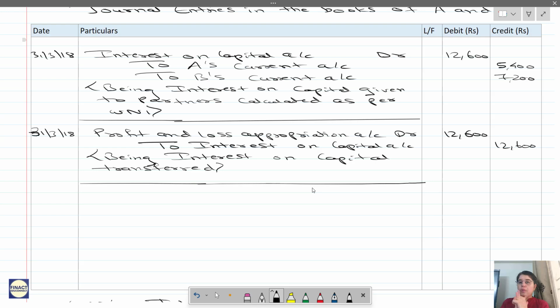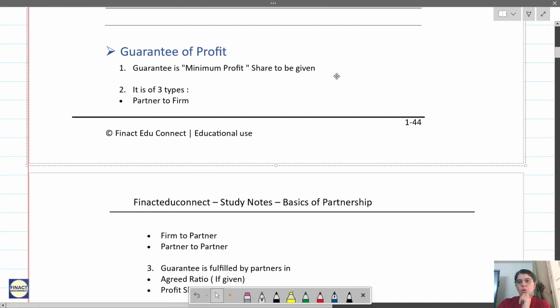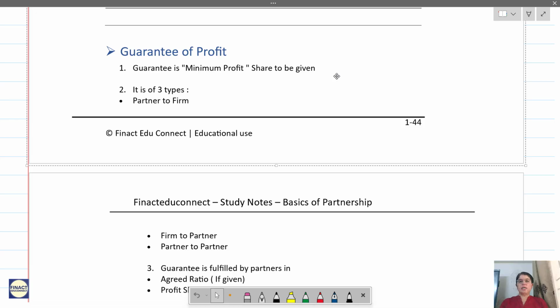Then what are the provisions of the Partnership Act if there is nothing mentioned in the partnership deed, or there is no partnership deed, or if there is some disagreement between the partners. The second part that we are going to learn now is guarantee of profit. So go to page number 1.44, guarantee of profit.